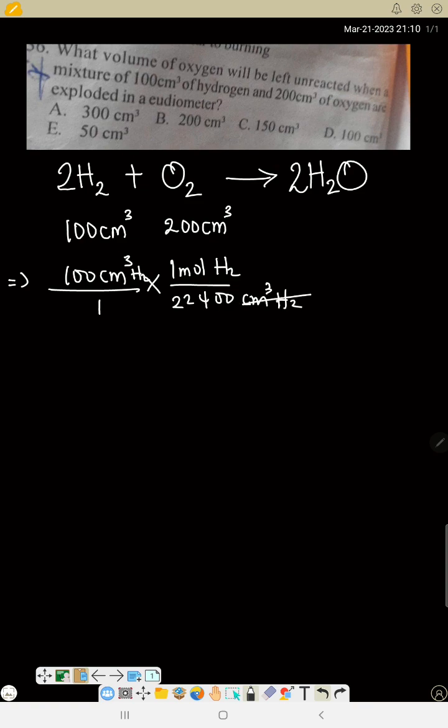So that cm³ of hydrogen will cancel out. So I will have 100 divided by 22400. So that is 0.00446 mole of hydrogen.